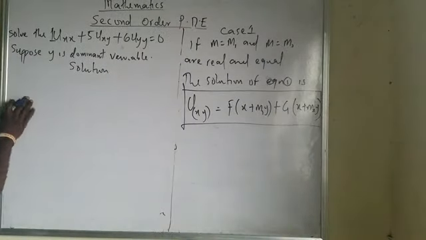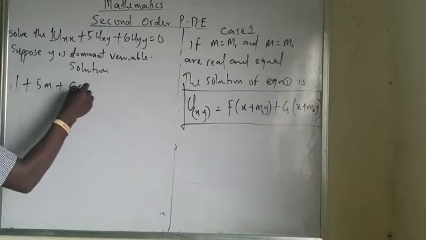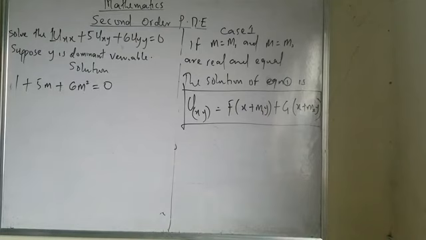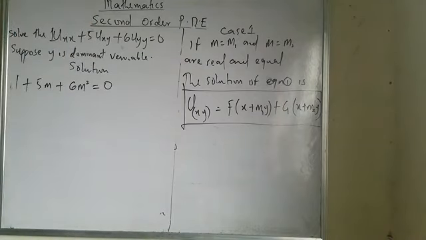Now, I'll be having 1 plus 5m plus 6m squared equals 0. That's what I mean by declaring y as the dominant variable. I need to solve this quadratic problem.